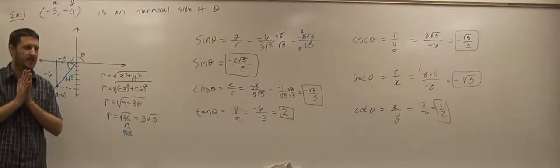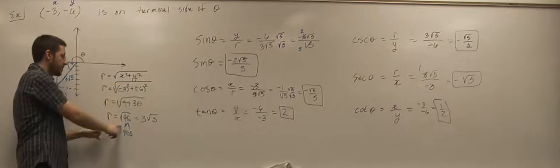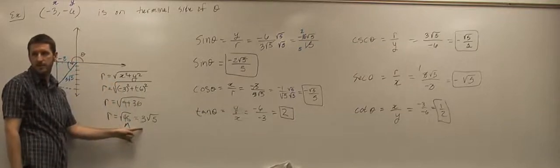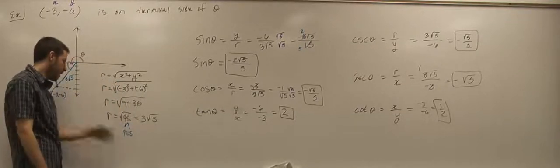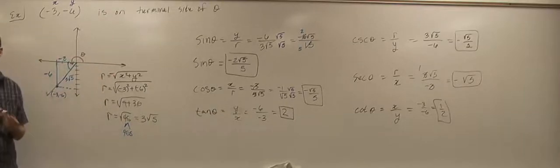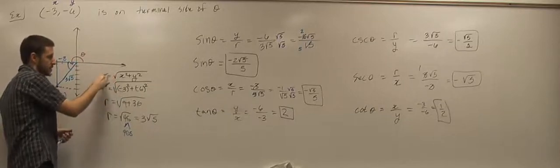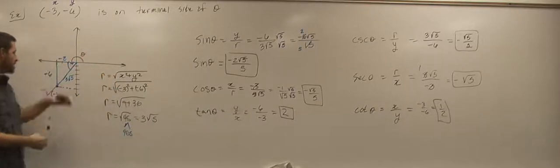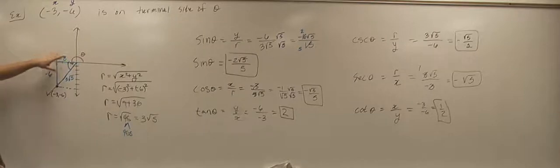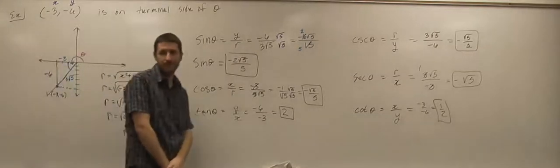Square root of 36 is 6. So if I define r to be the square root of something, I'm defining it to be positive. If I wanted r to be negative, I would have to put a negative on it. But the way that we're defining r, all of our signs are kept track of by the x and the y. The r is always going to be positive. You can think of it kind of like a radius of a circle.